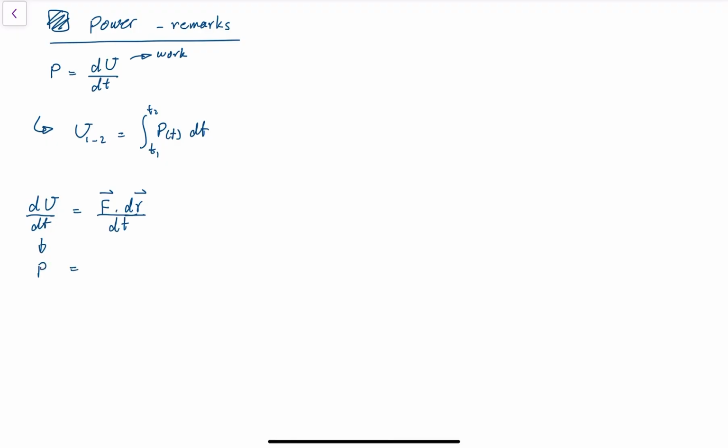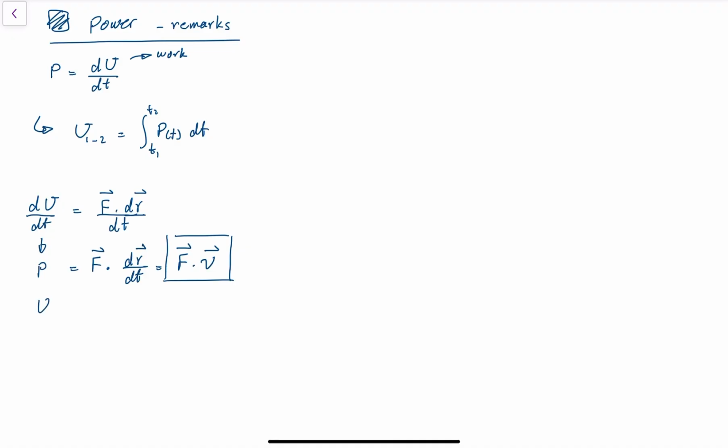On the other side, I can regroup this, write it as f dot dr over dt. And this one is f dot v. So if you want to calculate power of a force, you can calculate how fast the force is moving. And that should give you, at any instant, the instantaneous power.